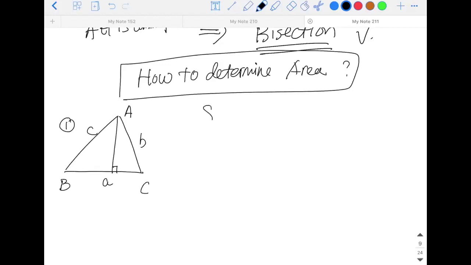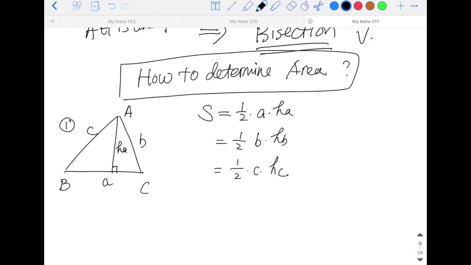The area of the triangle equals 1/2 A times HA, 1/2 B times HB, 1/2 C times HC. When you know this, you can graduate from junior kindergarten, right?